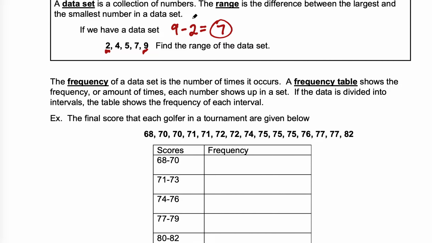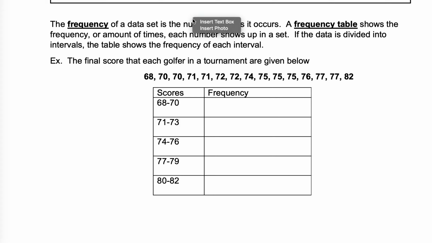Okay, the next thing is when we talk about frequencies. The frequency of a data set is how often it occurs. A frequency table is something that we commonly use to show how many things are in a certain set of numbers. Now, this one's broken up with even intervals, and it's given to you already. 68 to 70 is the first set of numbers, and if I'm looking at these, 68 to 70 has 3 numbers.